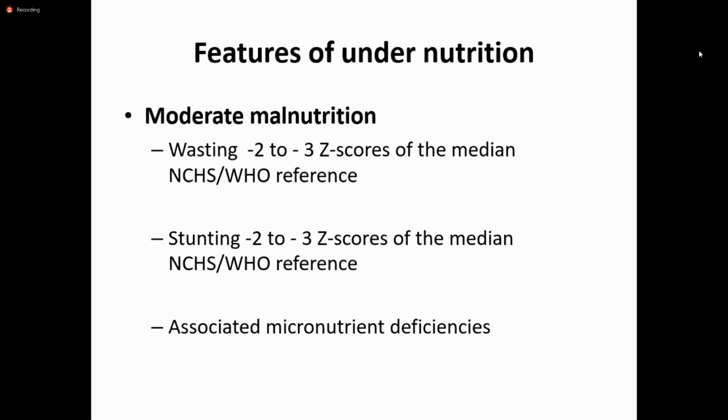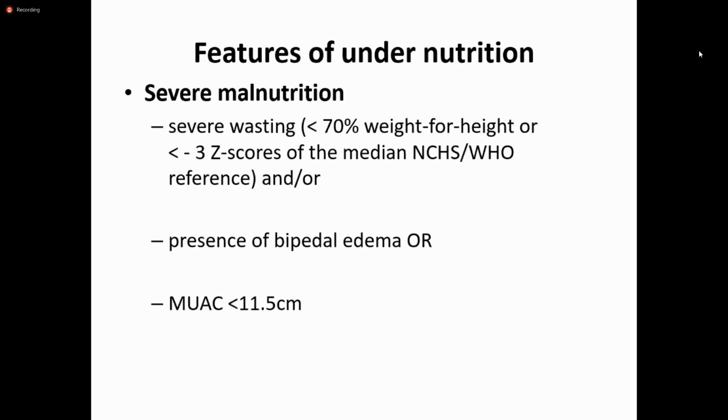So weight and height are both low in moderate malnutrition. Now in severe malnutrition, there will be severe wasting, there will be severe stunting, there will be presence of bipedal edema, or there may be mid upper arm circumference less than 11.5. And there is a term called severe acute malnutrition.